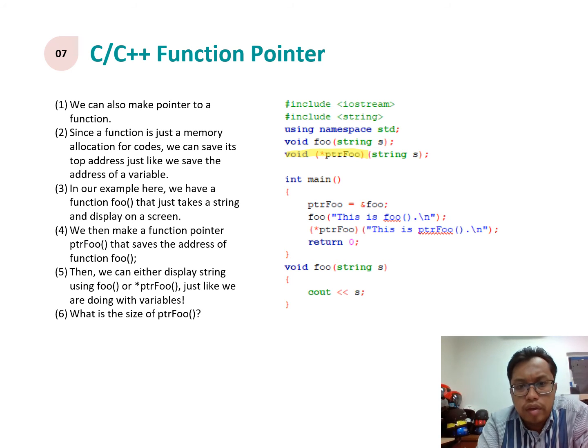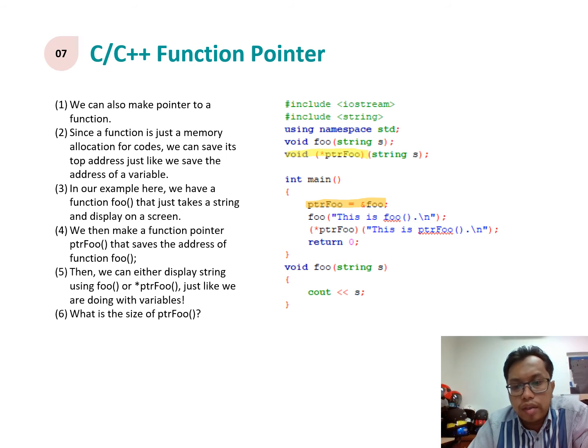Now this void pointer function, ptr foo, basically saves the address of the function foo, where it's been defined here, because the pointer function ptr foo must contain the address of a function. Whereas a pointer variable must contain the address of a variable. The pointer function must contain the address of a function. In this case, we choose the address of the function foo.